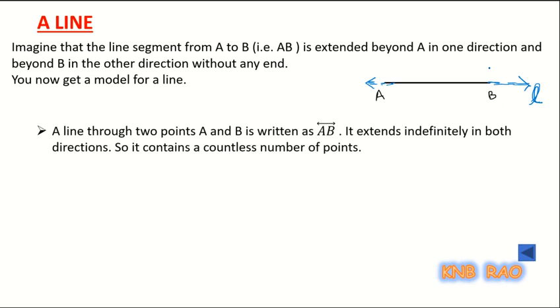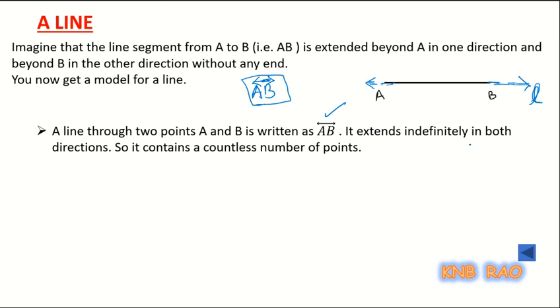A line through 2 points A and B is written this way. You know, a line segment will be shown like this, and if you are extending, putting arrow marks, you will say that it is a line. So line AB, using any 2 points on the line we can name it.